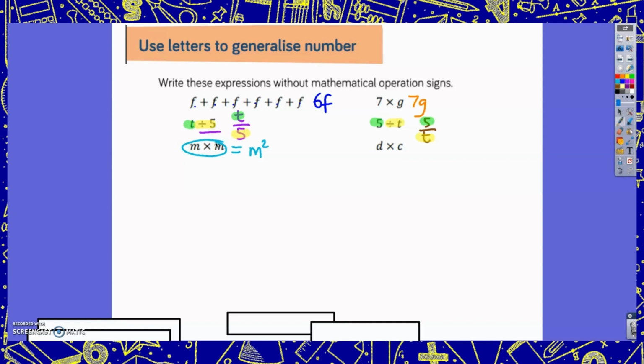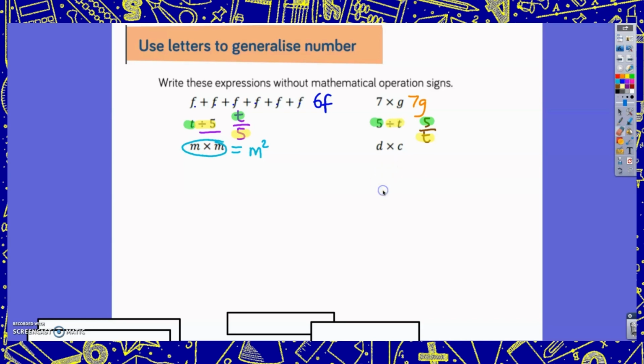Okay? The final one is not dc squared. I'm taking my d and I'm multiplying it by c. I don't know what the value of each of the numbers are. dc squared would mean that I'm taking d and I'm timesing it by c times c, because that would be c squared.